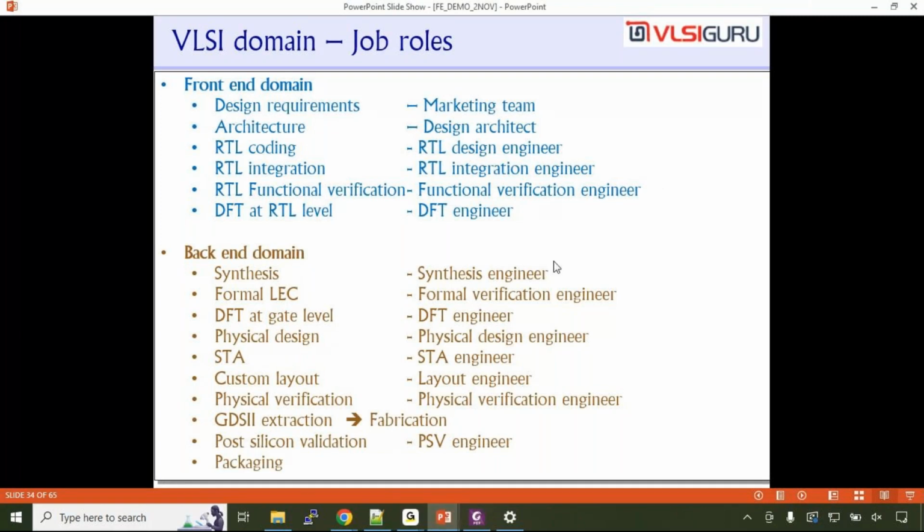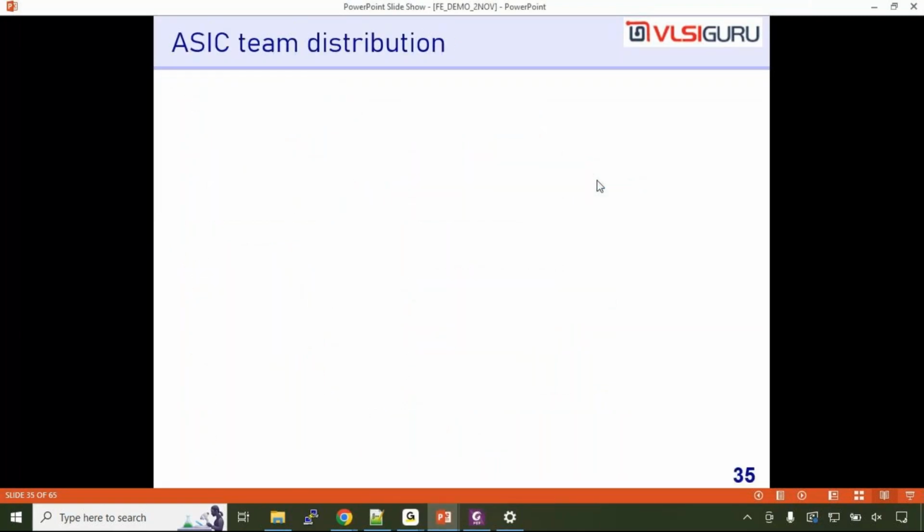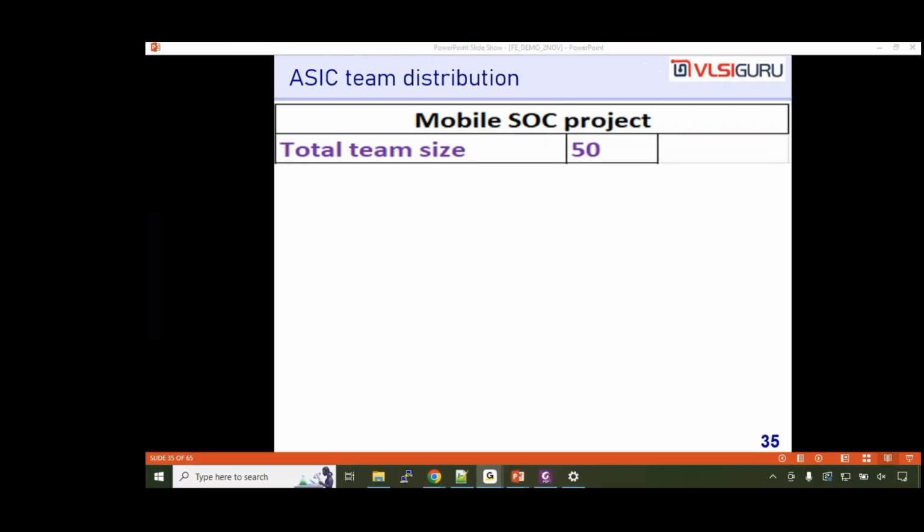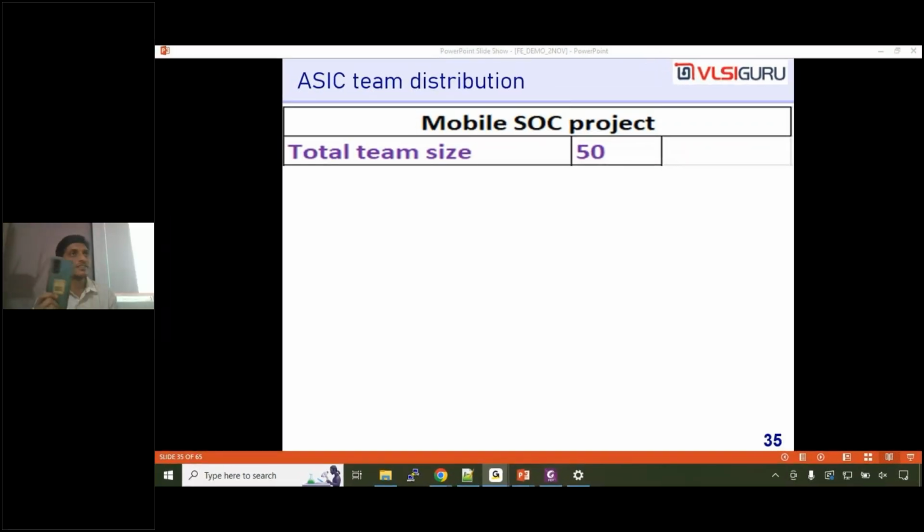Next, ASIC team distribution. A little bit about how a team distribution happens, so that you can choose. If a total team size is 50 people, let's say you go to Qualcomm, there is one team working on a chip, who want to manufacture this mobile phone chip.